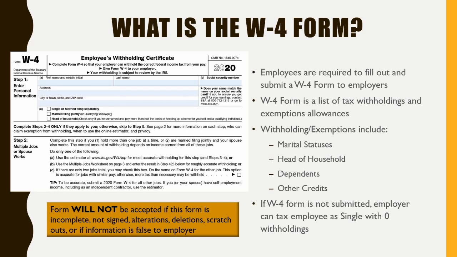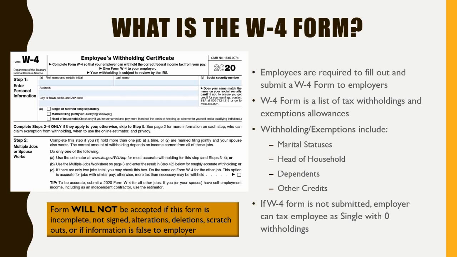You are basically taxed at the highest amount, because the form that you submit also lets the employer know what you want to be deducted from your paycheck and what should be taken away from your paycheck.